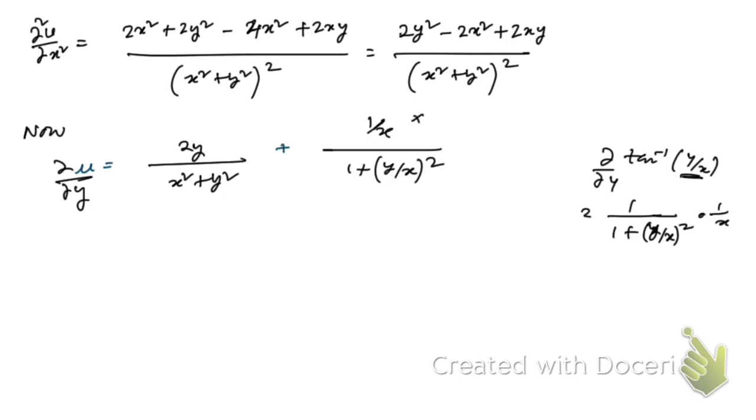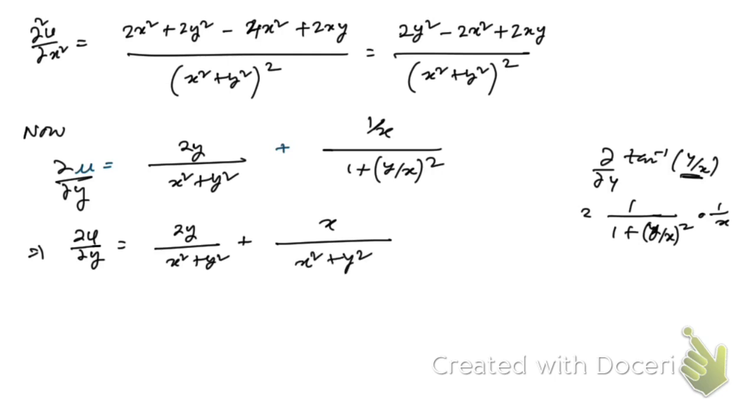Now let's multiply here by x square, and in the denominator also multiply by x square. So then what are you going to have? Your result is going to be del u by del y equals 2y by x square plus y square, and plus here we're going to have x by x square plus y square, right?